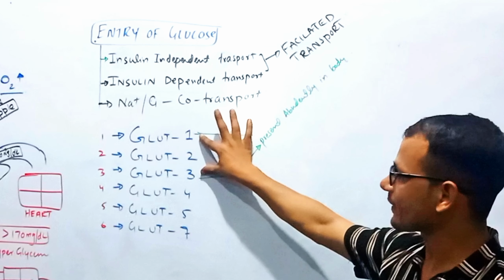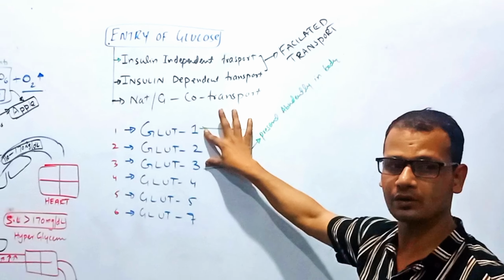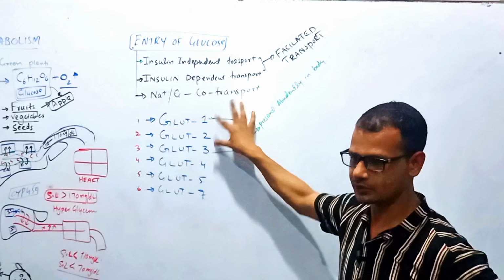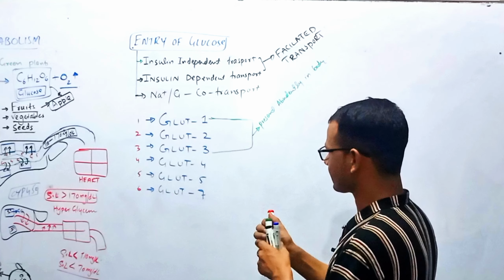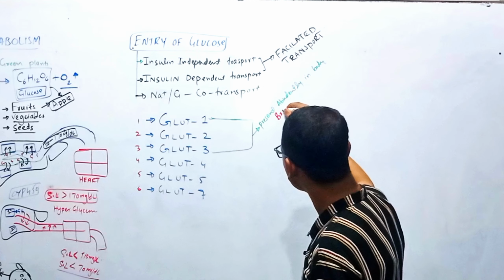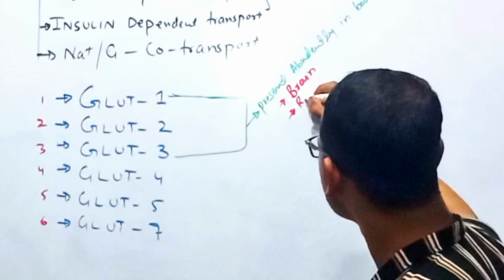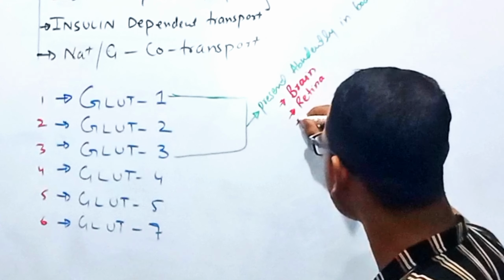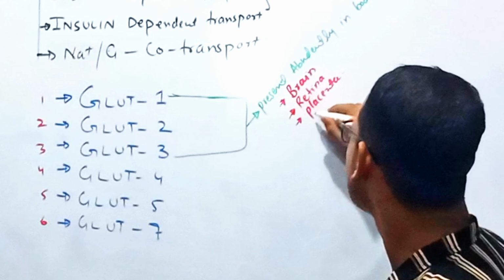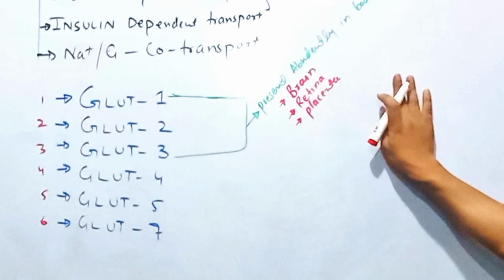Specifically, they are present in the areas which need more glucose, which are fully dependent upon glucose. For example, Glut 1 and 3 are present in the brain, in the retina, and in the placenta.